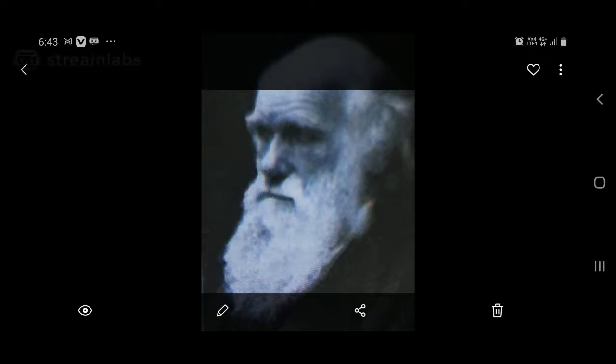And there he came to know that evolution is a natural process which happens naturally, and all organisms evolved from simple organisms. Later they develop as complex organisms. And Charles Darwin is considered to be the father of evolution.